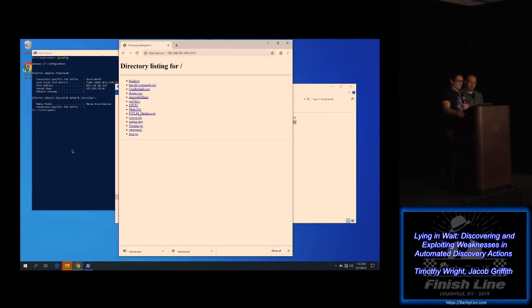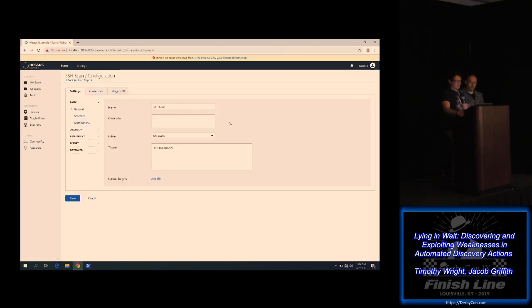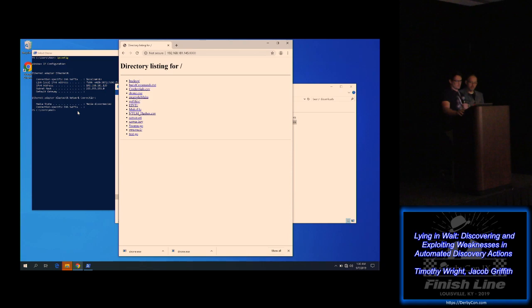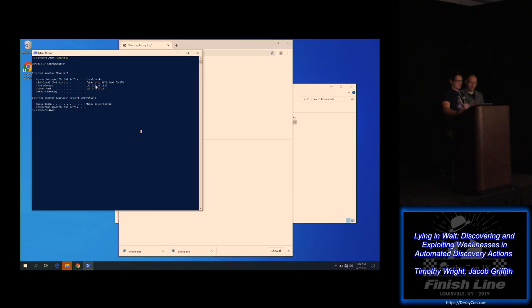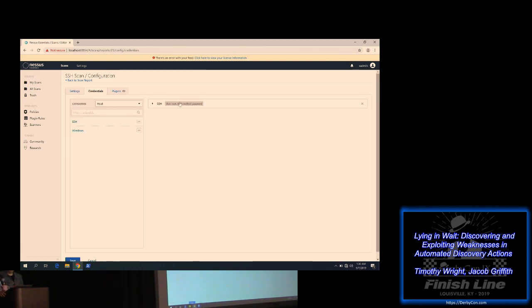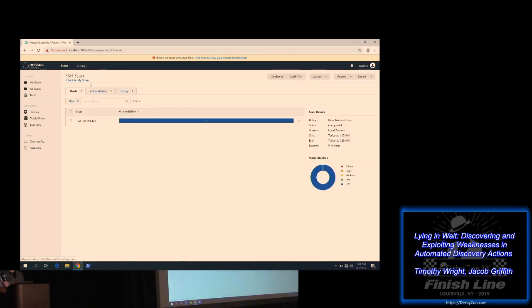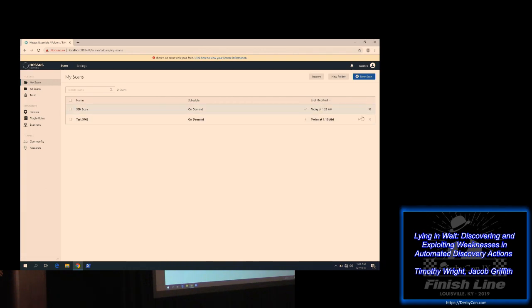I'm first going to tail the credential file so you can see it come in when it comes in. There's the IP address, and there are the credentials I put in the same route.